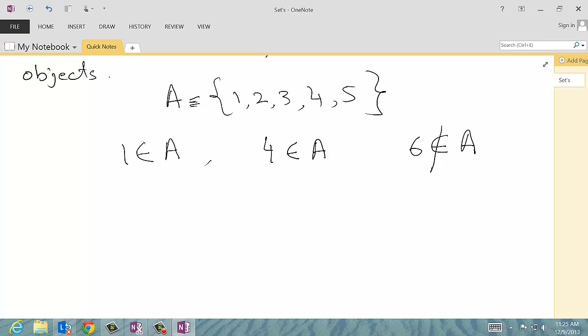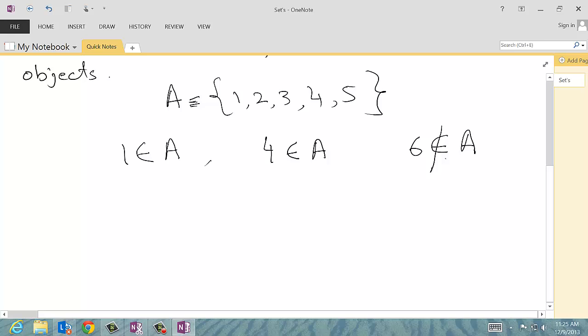If an element belongs to a set, that relationship should be shown by using this symbol, and if an element does not belong to the set, then we should use this symbol.